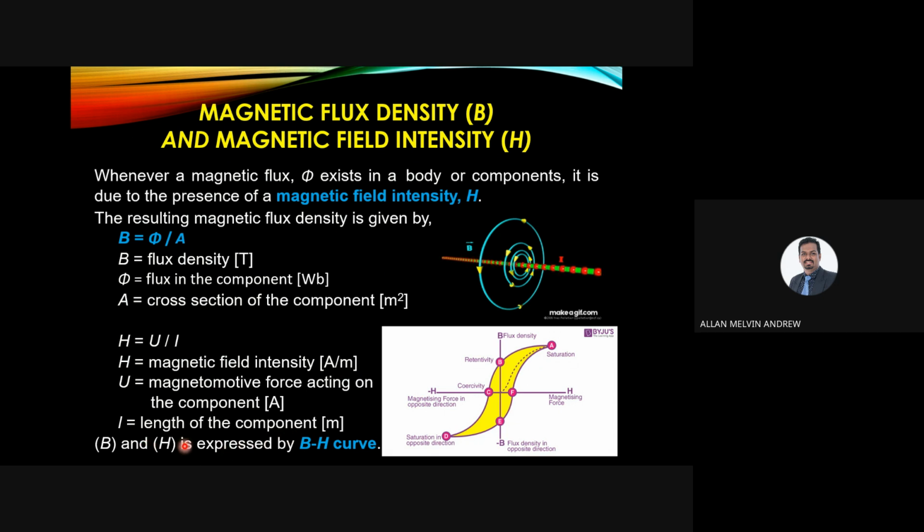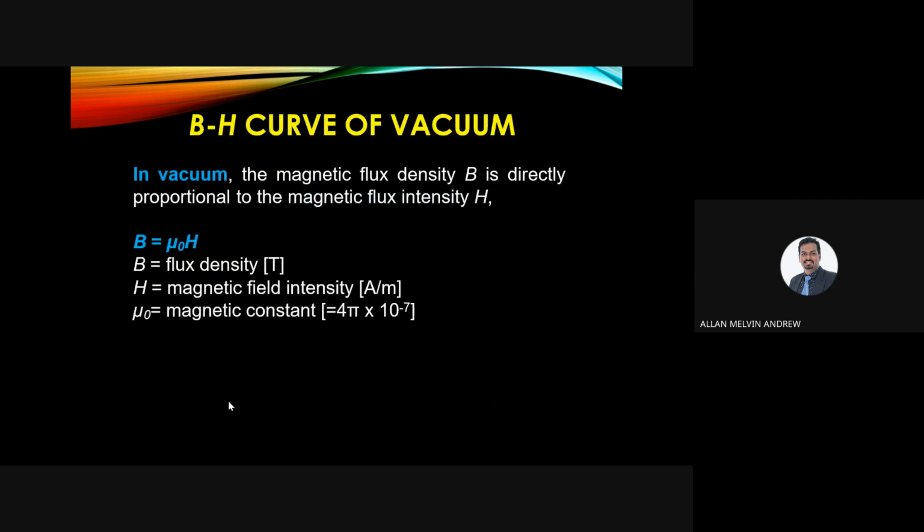We can see the relationship of the B field and the H field in the BH curve. This is an example of a BH curve that we can see in real life. Now, the BH curve of a vacuum.